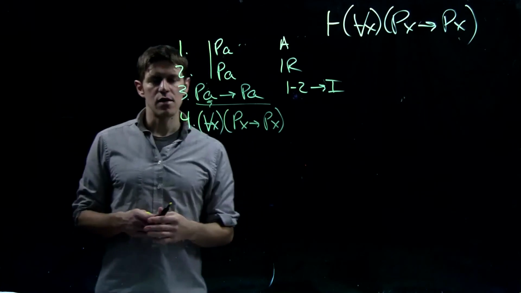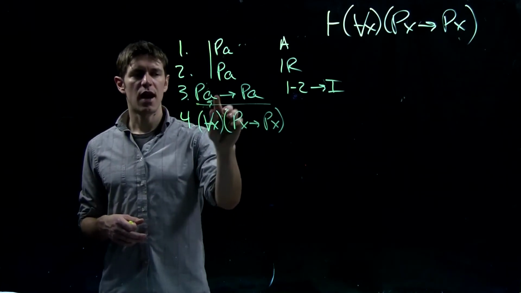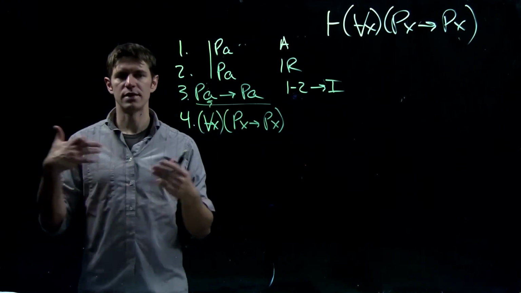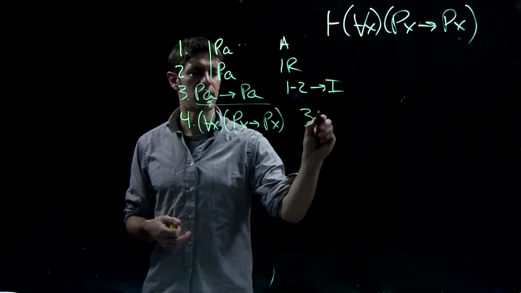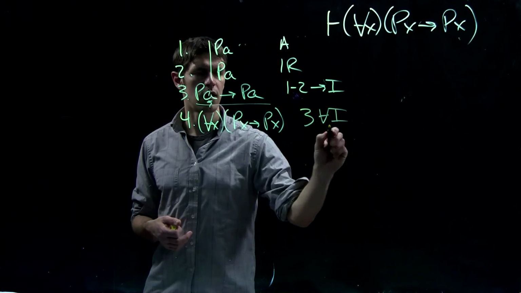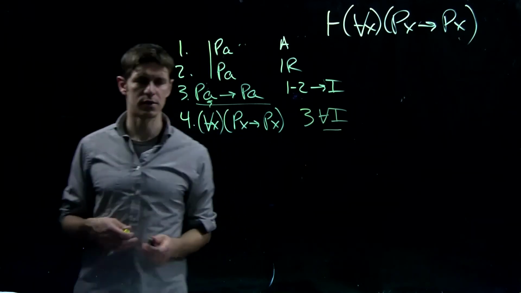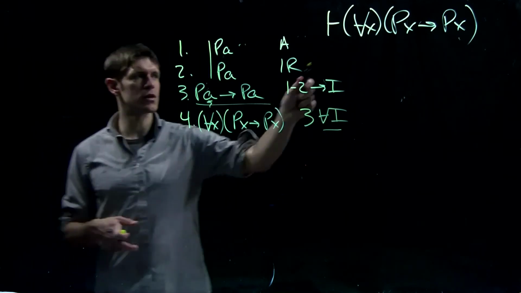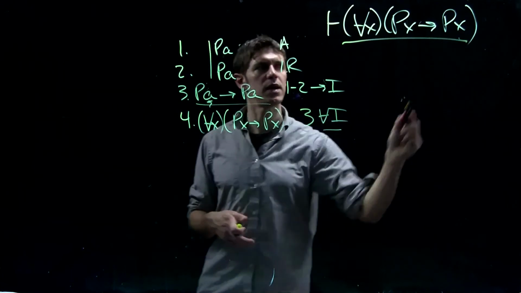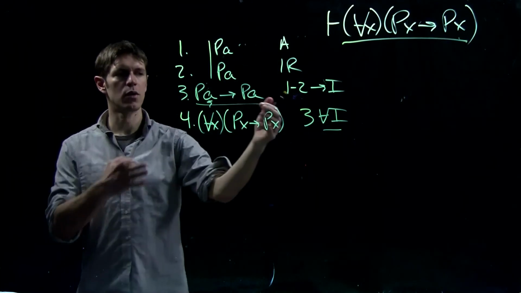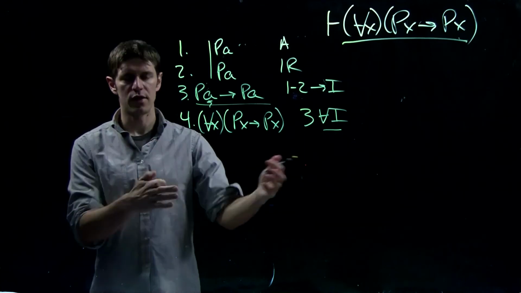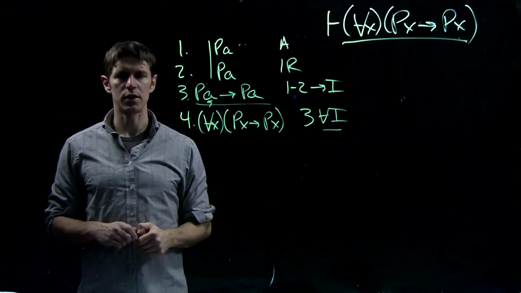This doesn't violate any of the restrictions because A is not found in an open subproof, A is not found in a premise, and so we can use universal introduction on it from line 3. So we are able to derive this entire formula, for all x, Px then Px, simply from making an assumption, reasoning to this conditional, and then using universal introduction to complete the proof.